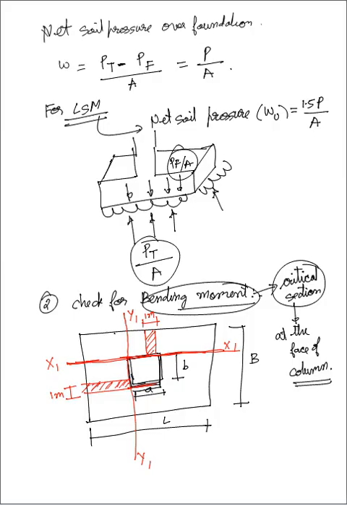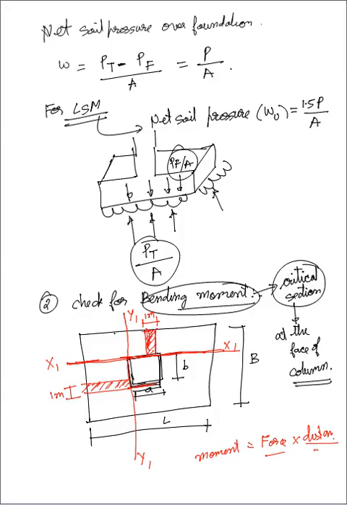Now we know what is moment. Moment is basically force into distance, right? So here first of all I will be taking the force. It is the weight of this particular strip, the red strip.